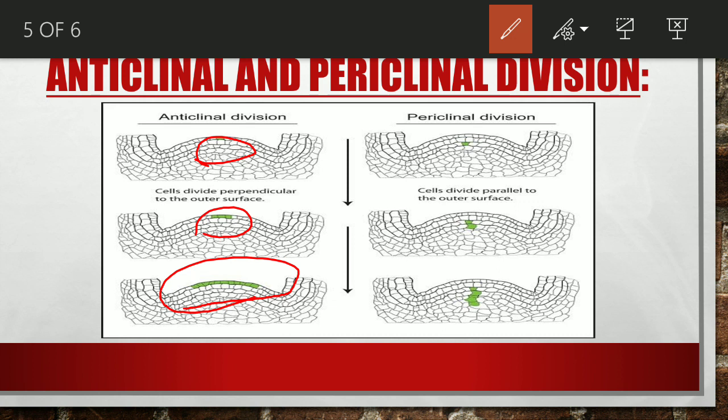And the periclinal divisions are those divisions that occur parallel to the tissue or organ surface. As a result, we get rows of cells stacked one over the other.